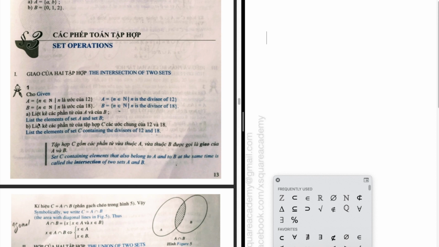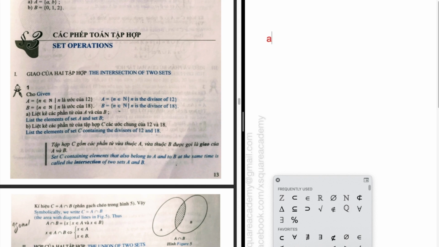A. List the elements of sets A and B. B. List the elements of set C containing the common divisors of 12 and 18. I'm sure you can handle this exercise by yourselves because it is quite easy, but it's an example, so I'm going to do it.